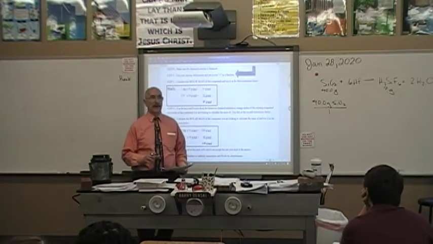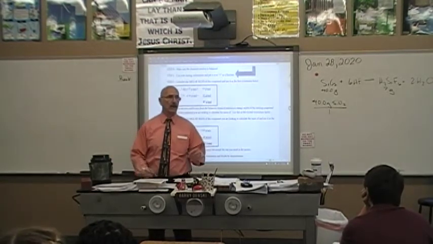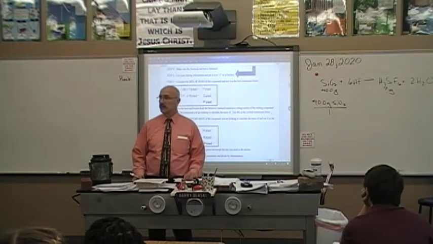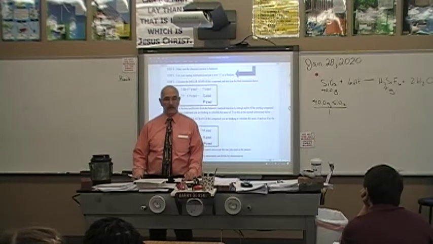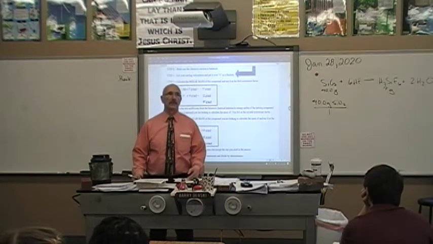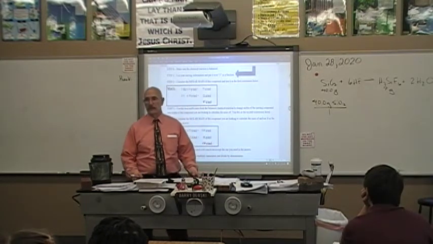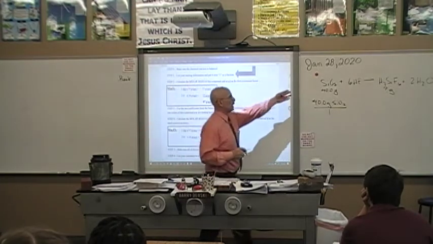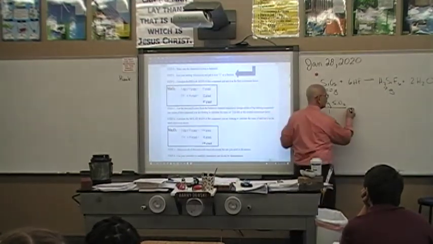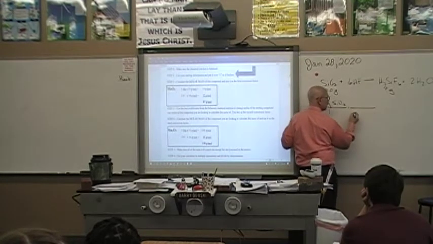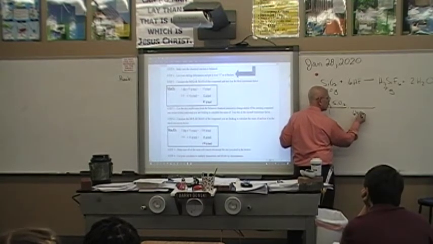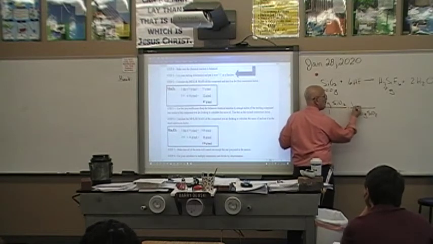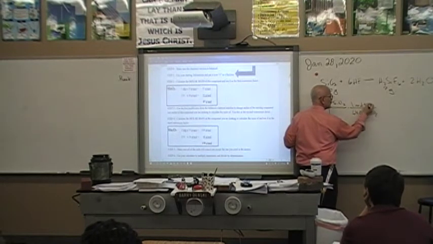Everybody should know: silicon 32, 2 oxygens, 16 times 2, so 16 plus 16 plus 32, 64. So the second square has this in it: 64.0 grams of SiO2 in every mole of SiO2.